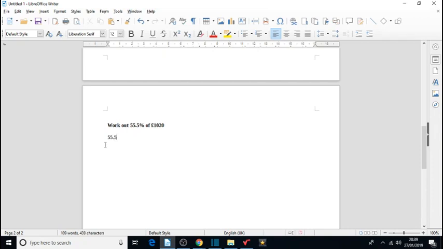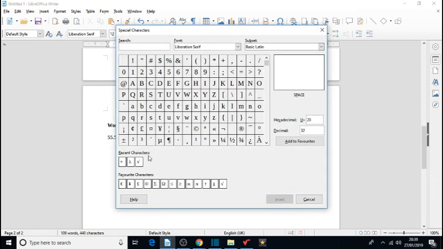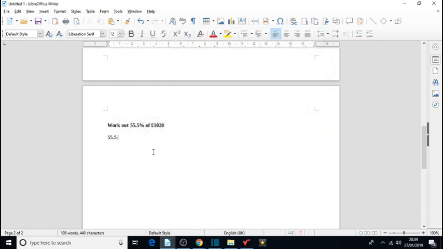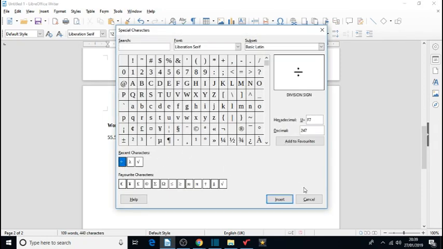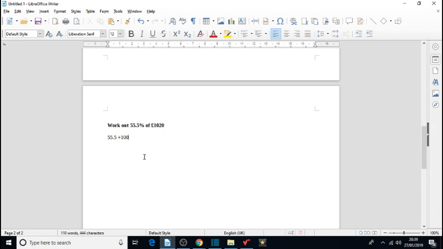We're going to do 55.5 divided by 100, which is equal to 0.555. And then you multiply 0.555 by 1020 to get 566.1.